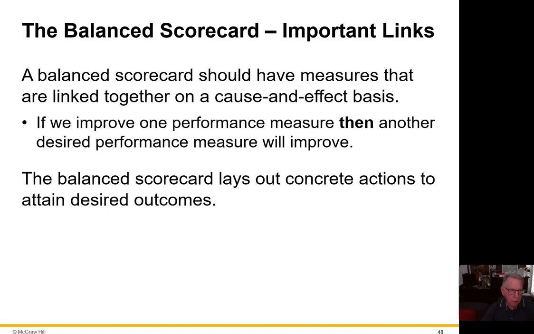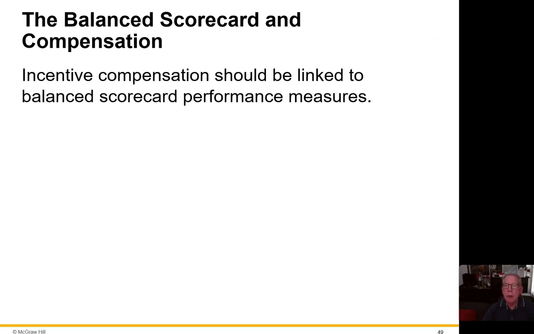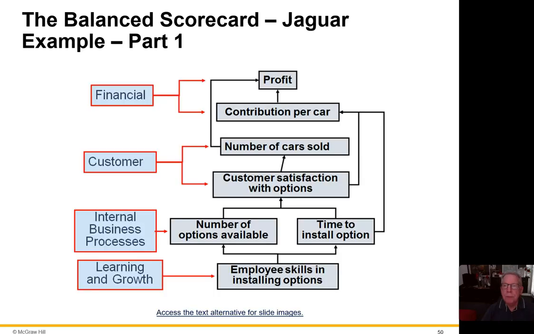While that sounds very good in theory, it's somewhat difficult to implement in practice, but it is a very valuable technique and one that I certainly support. So incentive compensation then should be linked to the balanced scorecard performance measures.